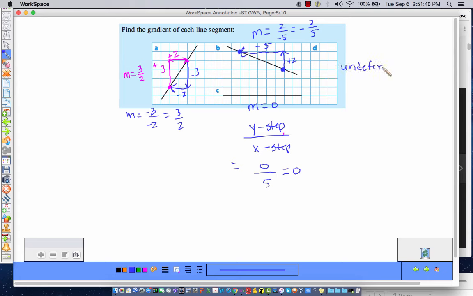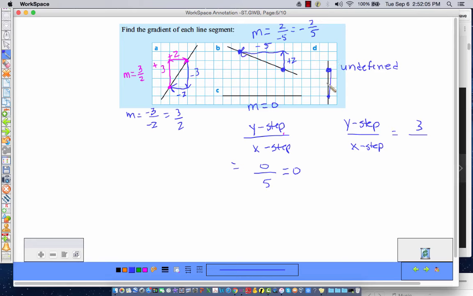Again, let me just show you. The y step could be anything. It's y step over x step, because I could start anywhere and get to the line. Like I start here and I move up, that's 3 units, 1, 2, 3. So the y step would be 3, and it could have been 2 or 1 or 7 or whatever.